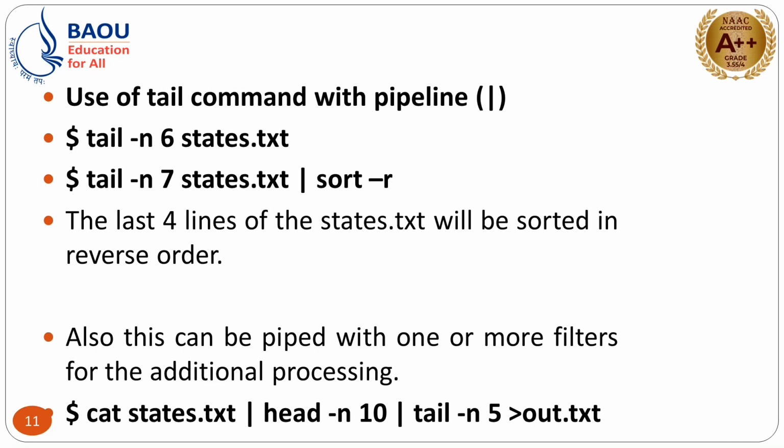From those first 10 lines, only the last 5 lines are filtered out, and then those last 5 lines are moved to out.txt. So this is the redirection. That means those last 5 lines are assigned to that particular file. After execution of this command, no output will be displayed, but whenever you display the content of the file out.txt, it will display those last 5 lines, because you are using multiple commands here and your output is redirected to a particular file.